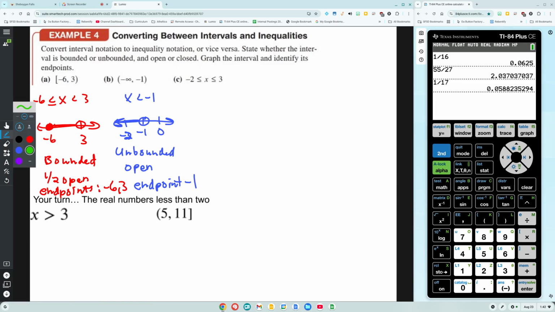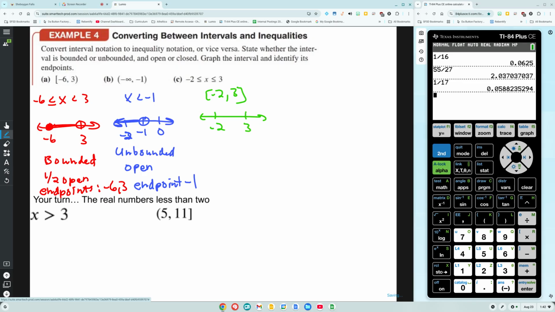And then last but not least, I was given a compound inequality. Now I need to write it as an interval. I have a bracket -2, 3 bracket. On the number line, -2, 3, I would have a closed dot at both of these, shaded in between. In this case, it's bounded because I have a top and a bottom.